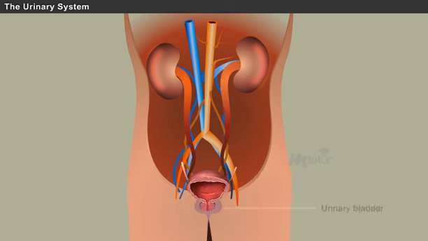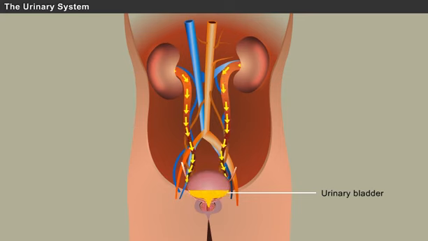Next, the urinary bladder, a triangle-shaped hollow organ, is located in the lower abdomen. It is held in place by ligaments that are attached to other organs and the pelvic bones, and it is connected to the kidneys by the ureters. Moreover, the walls of the bladder allow it to stretch to hold anywhere from 600 to 800 milliliters of urine.